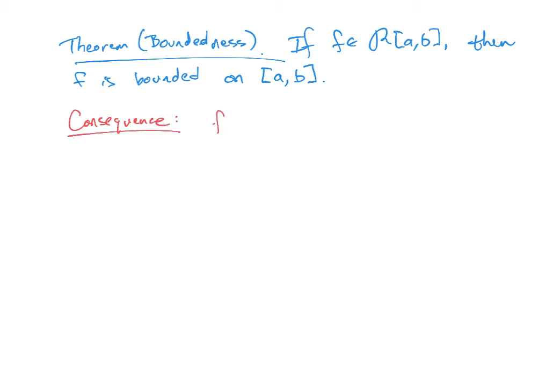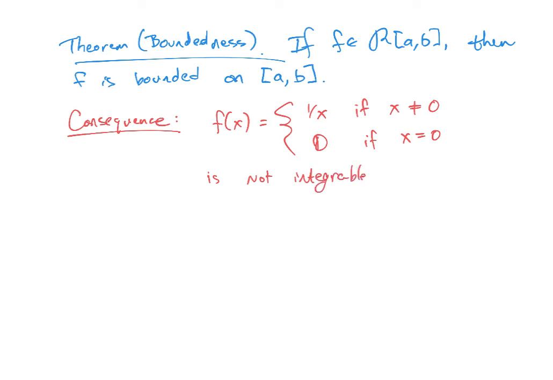So let's just define a function. What's our typical function that's not bounded? Let's make it 0 at the origin, and this function is not integrable from, say, 0 to 1.